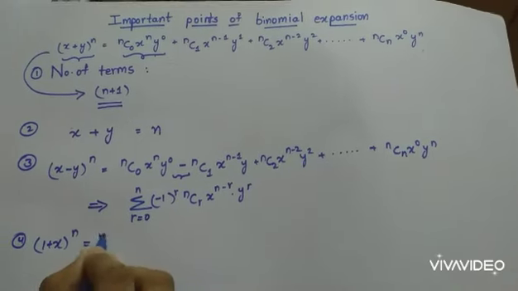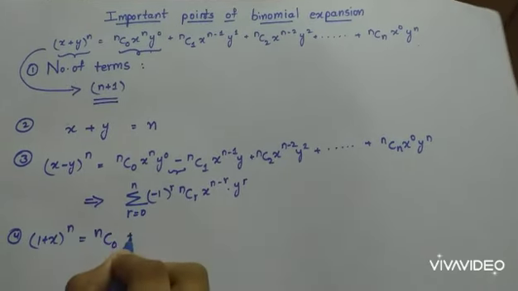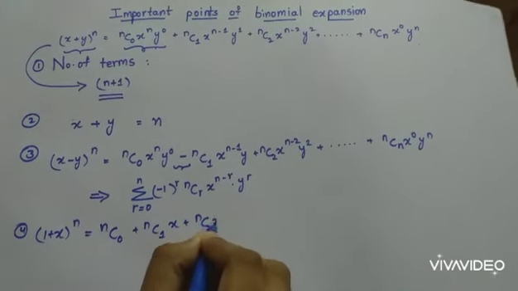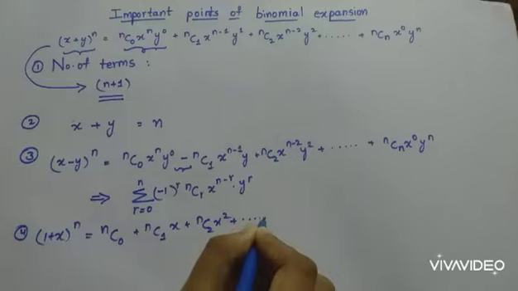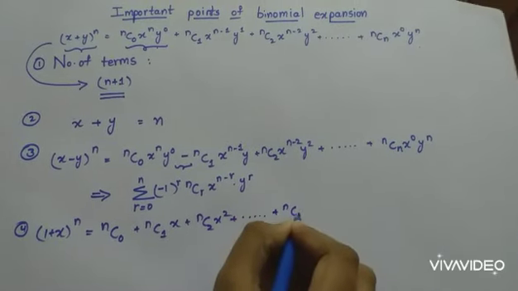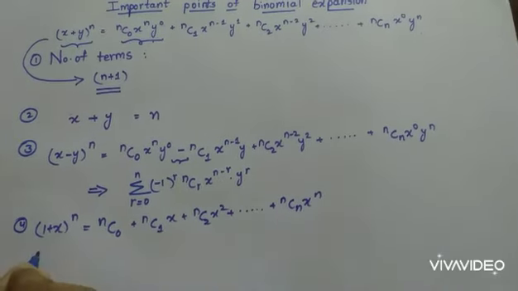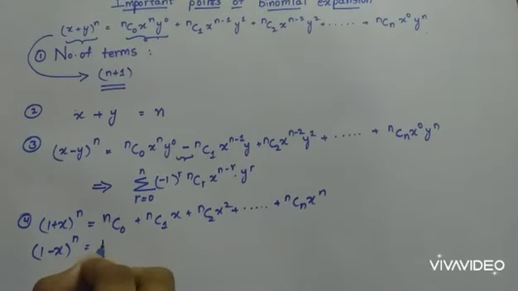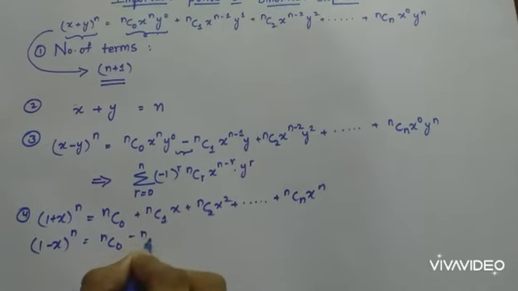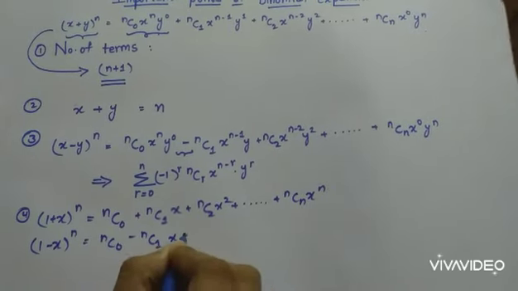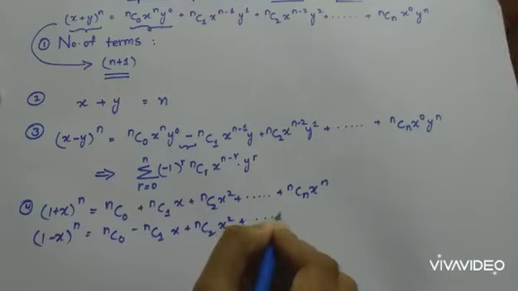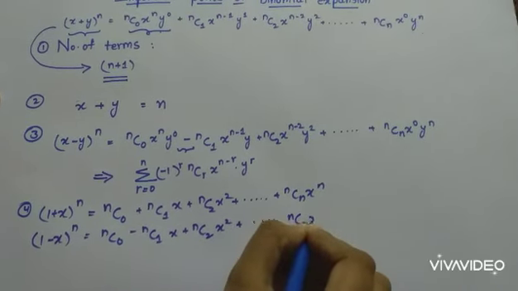We get this as nC0 plus nC1 into x plus nC2 into x square plus so on plus nCn into x power n. Similarly, we get (1 - x) whole power n as nC0 minus nC1 into x plus nC2 into x square minus so on, nCn into x power n.